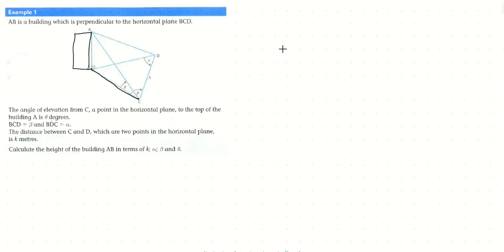But we do have two angles and a side, and I need another side. So the easiest rule for me to use is the sine rule. If we look at triangle BDC, we've got angle D, which is alpha, angle C, which is beta, and K.